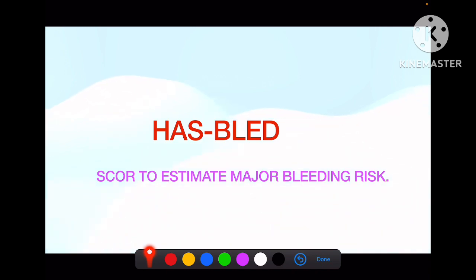Before starting your anticoagulant, or if the patient is already on an antiplatelet or anticoagulant, you have to apply this HAS-BLED scoring system and determine the major bleeding risk percentage for that patient. I'm not going into details regarding the HAS-BLED in this video, because my video will be a little bit longer then. So I am going to discuss it in a separate video.